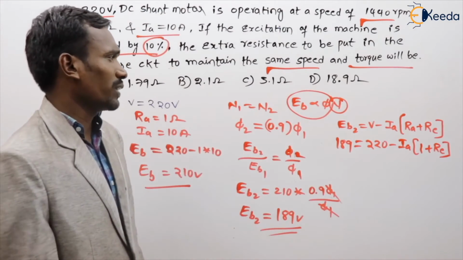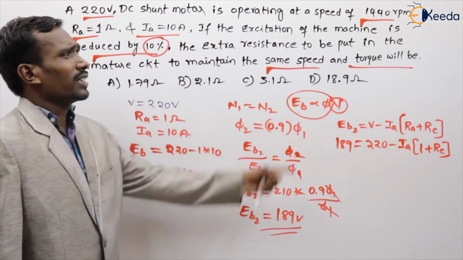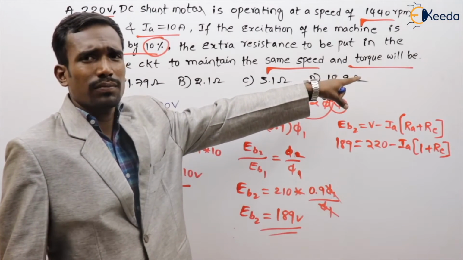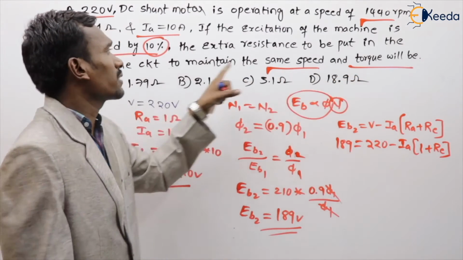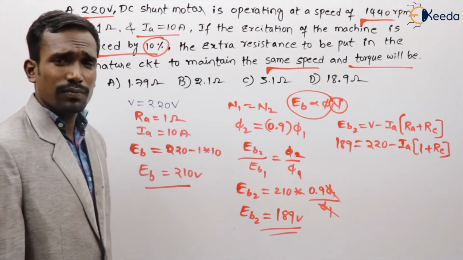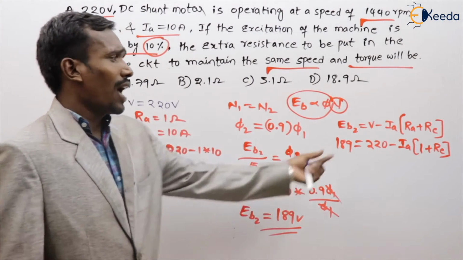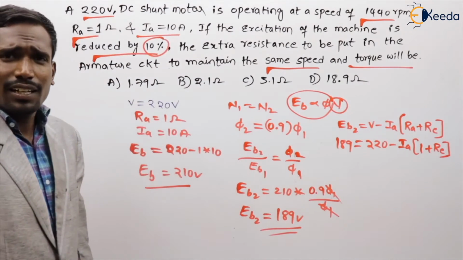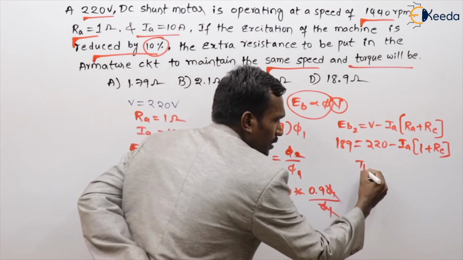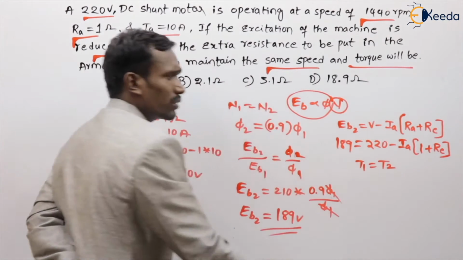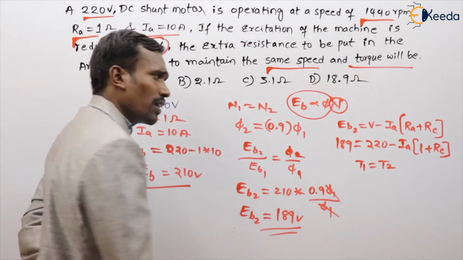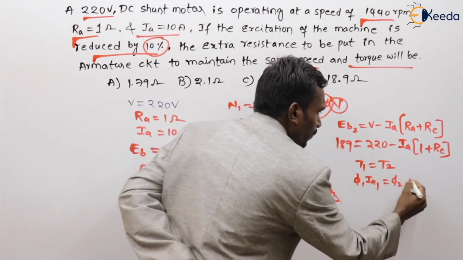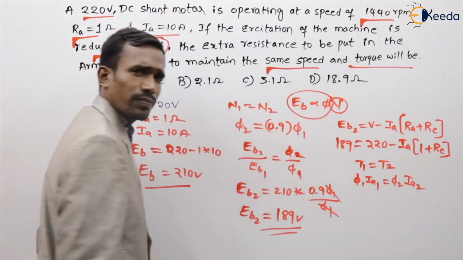Now we have to find out IA. Here the torque is the same. Torque should be same, but flux is reduced by 10%. So T1 is equal to T2. The torques are the same, so phi1 IA1 is equal to phi2 IA2.